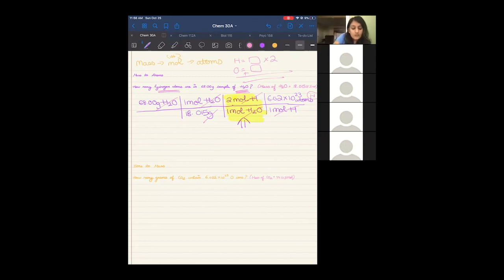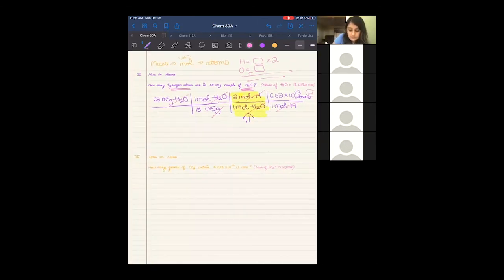I can go a little more into detail if you're still not sure. Give me a second. Okay, I'll just explain it verbally. We know that we have 1 mole of H2O, right? And how many moles do we have of hydrogen? We have 2 hydrogen and 1 oxygen.